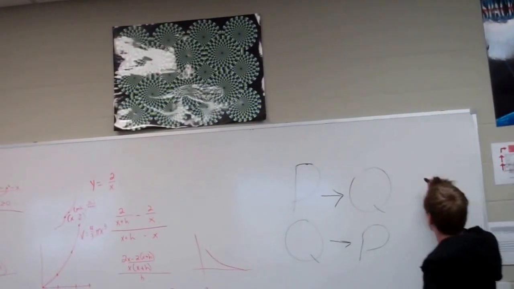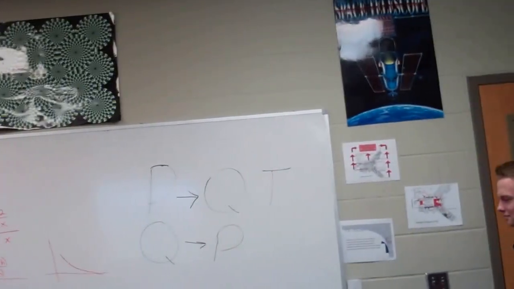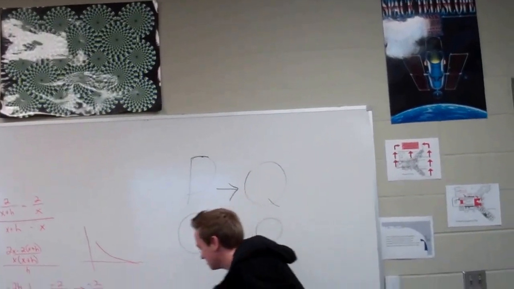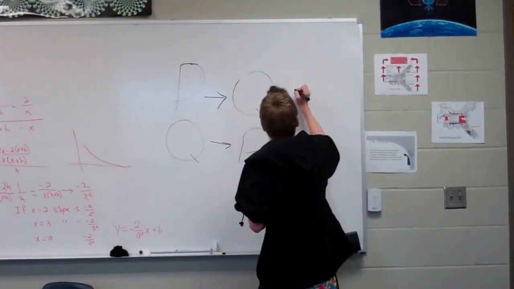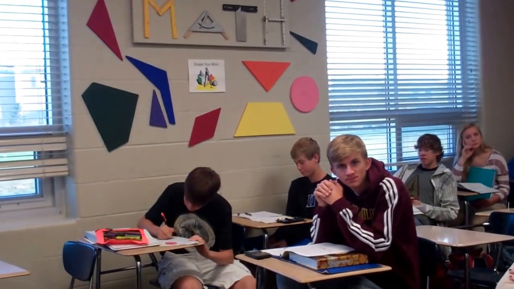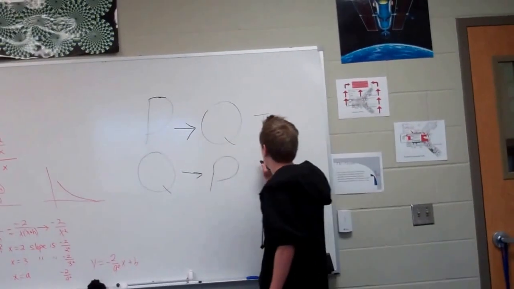Yes. Can you put a little T to the right of the first one? Cole, do you feel the second one is true, the way you said it as a converse there? Yes. True for the second one also there.